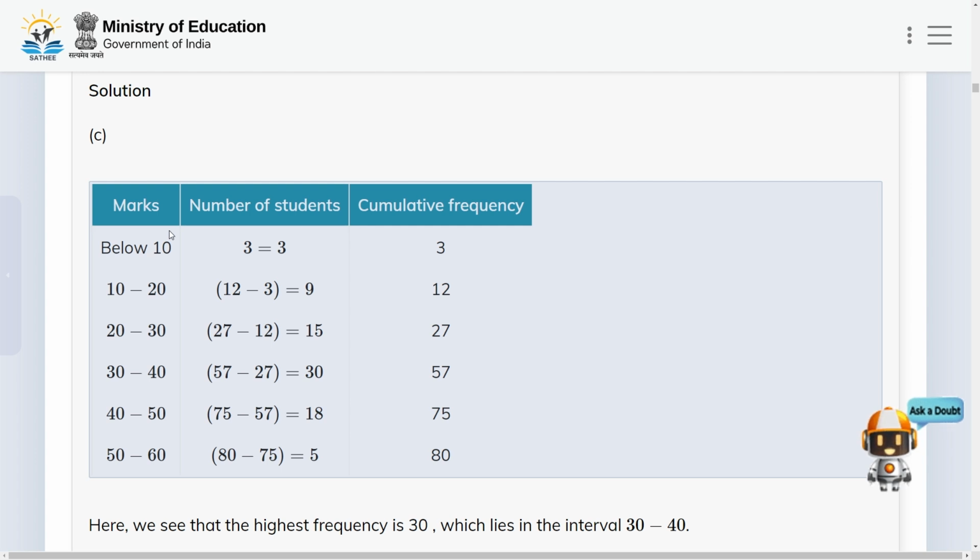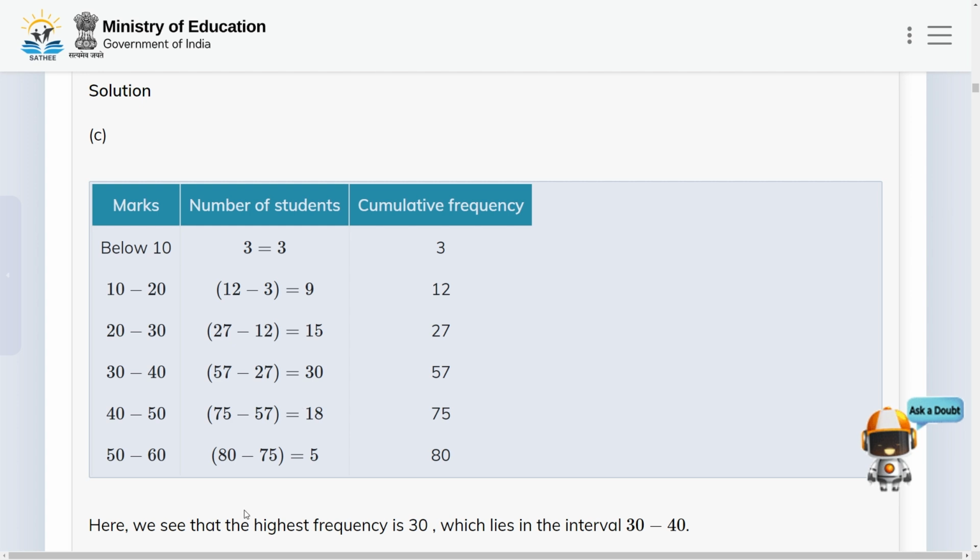Below 10, the number of students is 3 and cumulative frequency is 3 also. For the class of marks 10 to 20, number of students is 12 minus 3, that is equal to 9, and cumulative frequency is 12. For class interval 20 to 30, the number of students is 15 and cumulative frequency is 27.